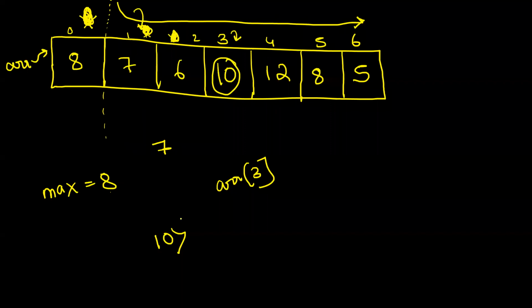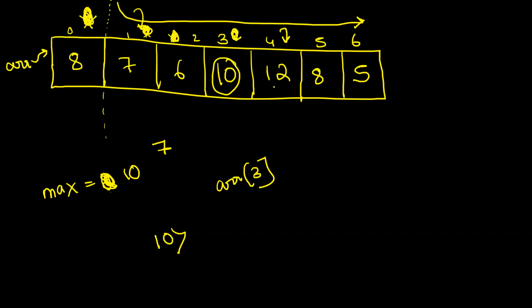So that means when I am standing on this number 10, I see that 10 is greater than the maximum number 8. So can I say now 10 will be my new maximum? Boss, you have got a number greater than 8. So definitely 8 will no longer be my maximum. So I will say now my new maximum is 10. I will update my maximum element. Okay. Next, I move further.